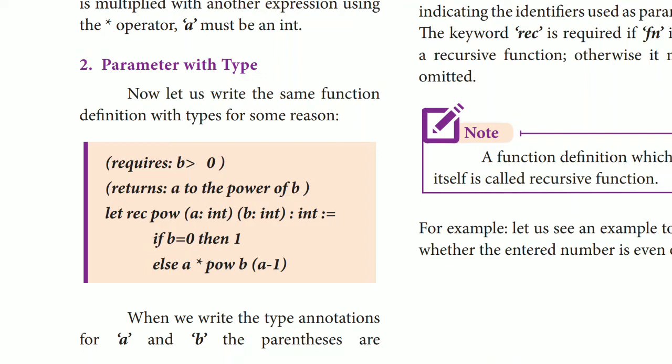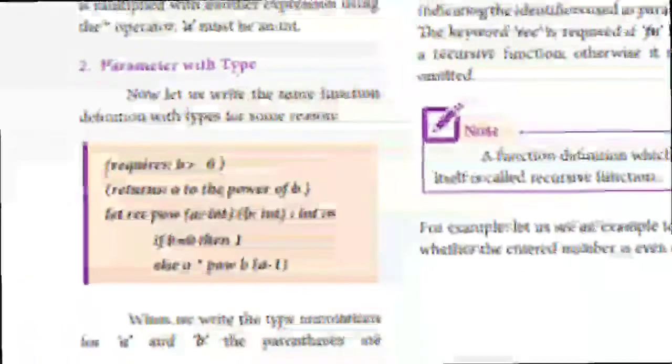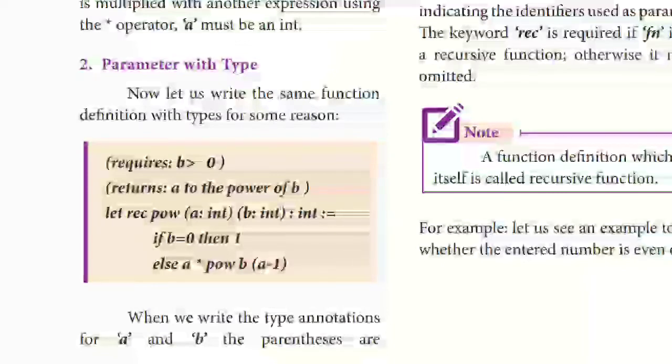Parameters without type will take even more time. The compiler should convert the given value into its required type, and then it will evaluate. So it takes some time to evaluate, and this time will be reflected in the output.